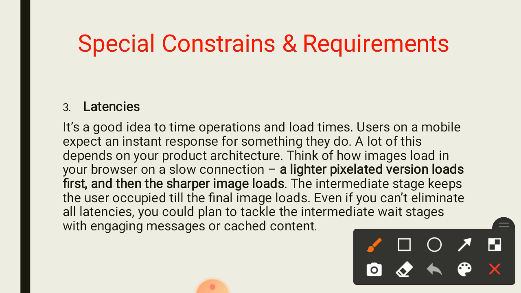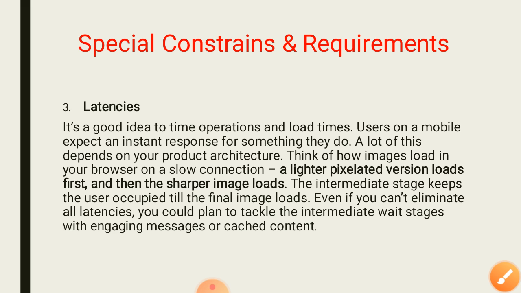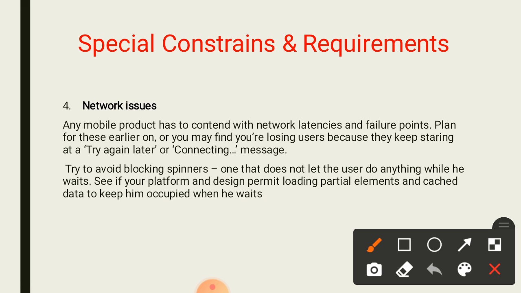We know that a lighter pixelated version is loaded first, and a sharper one requires a larger time. So for the time required to load this image, something is done with the device so that the users can remain engaged till it loads the image. This is nothing but the latency. So as far as possible, latency should be very low. It can never be zero. This is the ideal case.